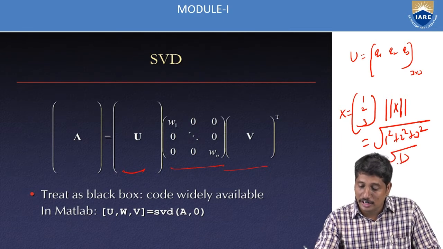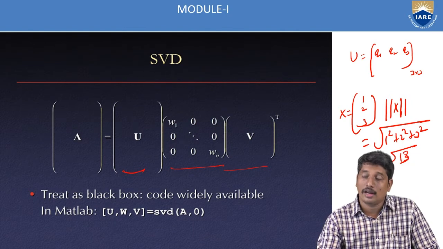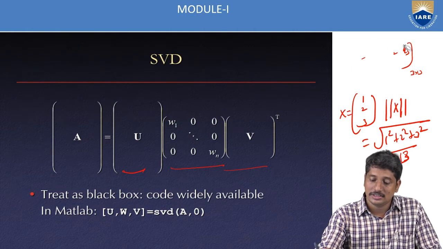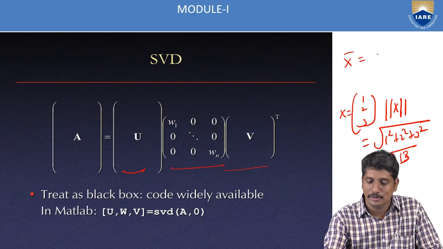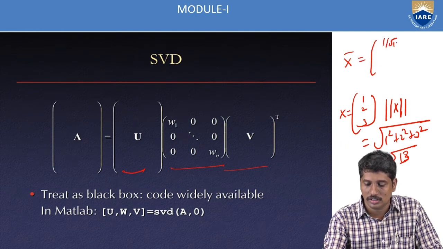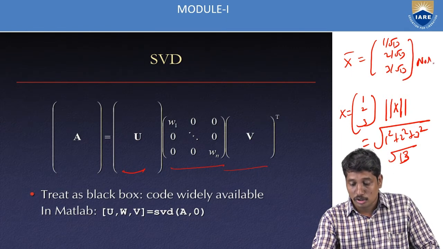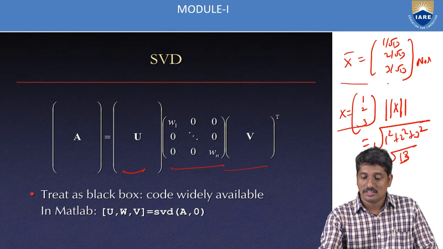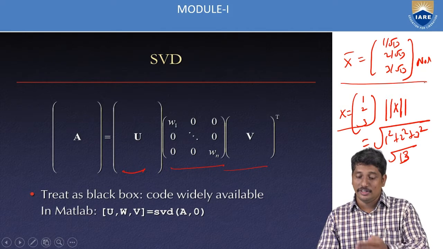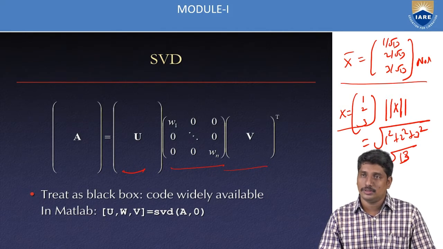When we divide every element of this vector by root 13, we get a new vector, 1 by root 13, 2 by root 13, 3 by root 13. This is called a normalized vector. So x is a vector where x bar is the normalized vector, because we are dividing every entry of x by its norm. The norm is root of a square plus b square plus c square.